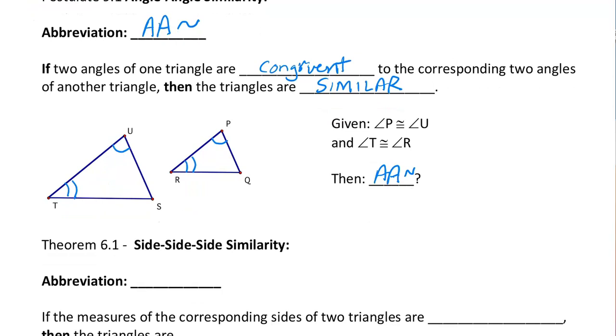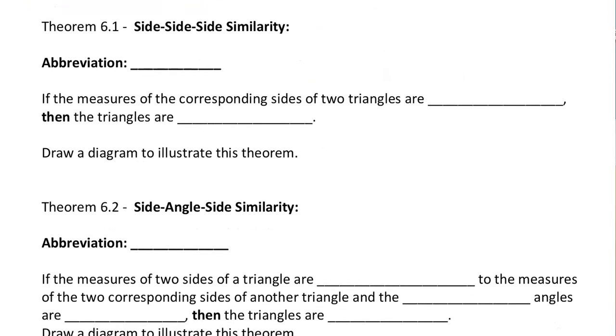Another shortcut to determine if triangles are similar is side-side-side similarity, which we abbreviate SSS with a little similarity mark. Be careful here. Some students get confused that the sides have to be congruent, and if the sides were congruent, you'd have congruent triangles, which are automatically similar.